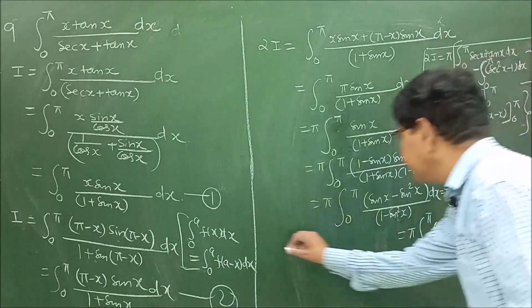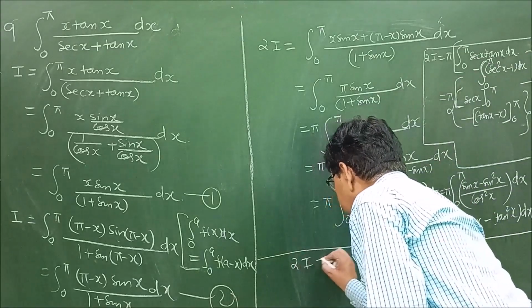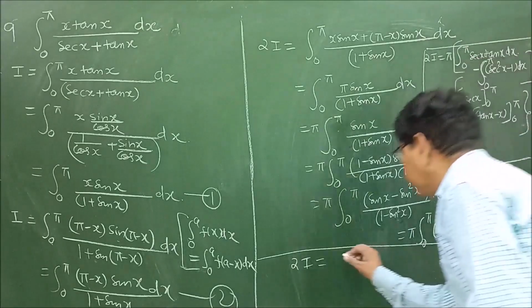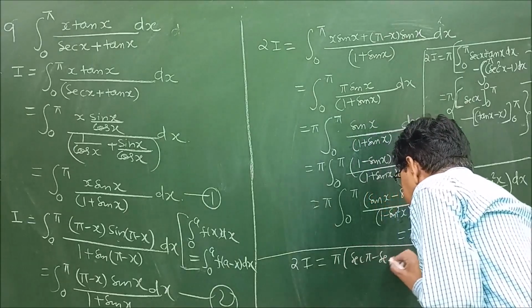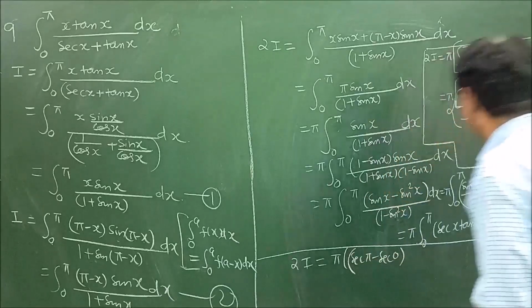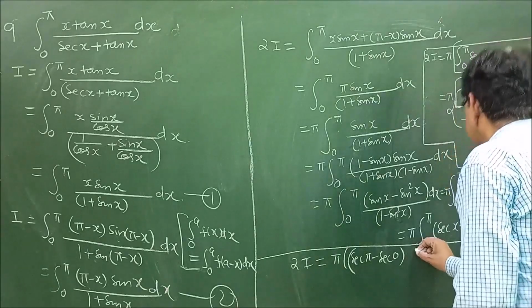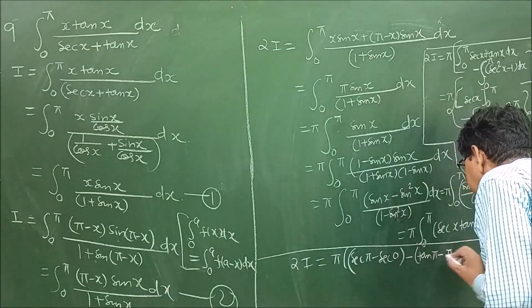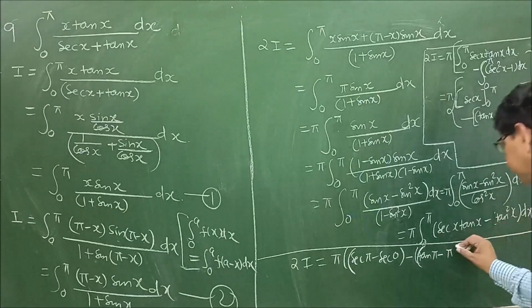So 2I is equal to pi into sec pi minus sec 0, minus tan pi minus pi, and then putting 0, both are 0, so minus 0.